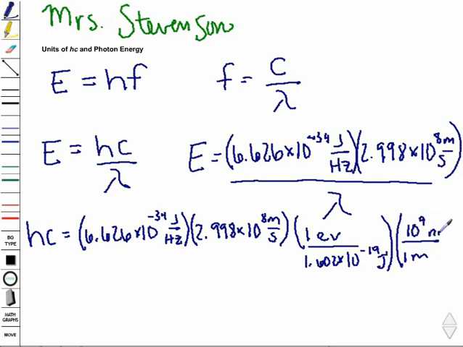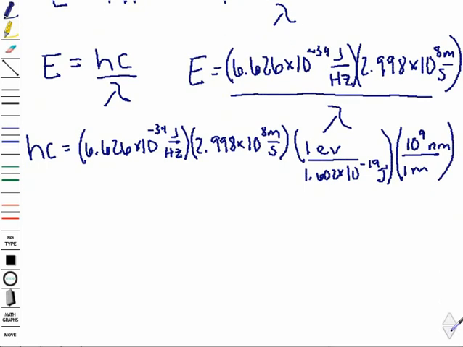We have to convert our meters into nanometers because most wavelengths are given in nanometers. So if we multiply all of this through, we find that hc can be more conveniently represented by 1,240 electron volt nanometers. This is a lot easier to put into an equation than all of this.